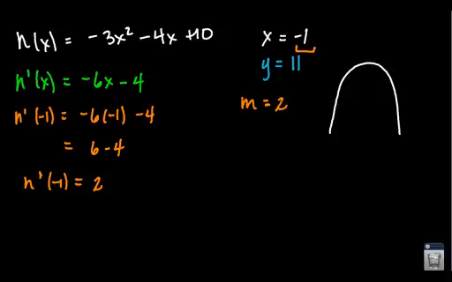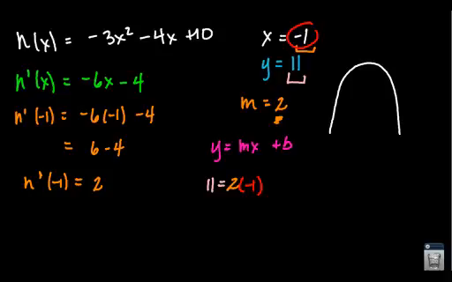Remember we're going back to this equation, y equals mx plus b. Let's start inputting values. So y is the value we found, so I put that in for y. My slope is here, my x value is negative 1, and the value I don't know is b, so I'm going to leave that as b.